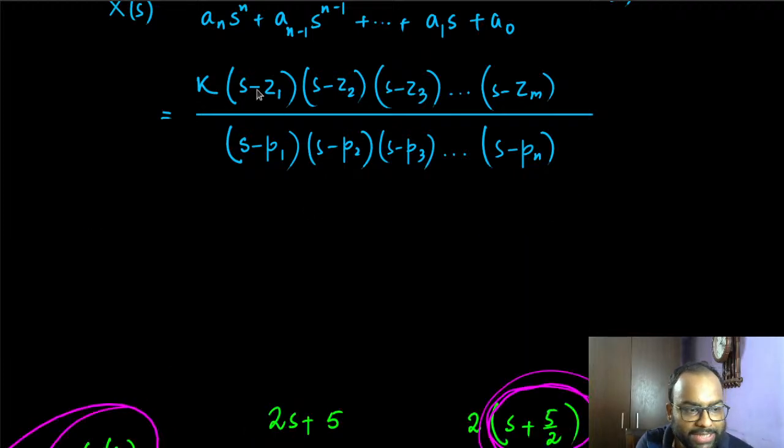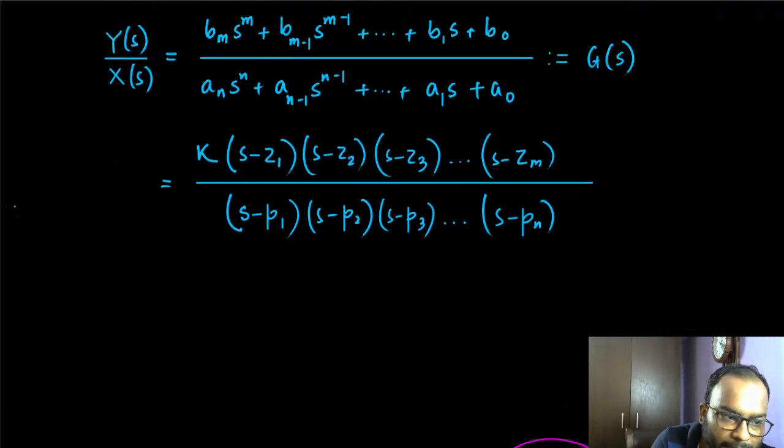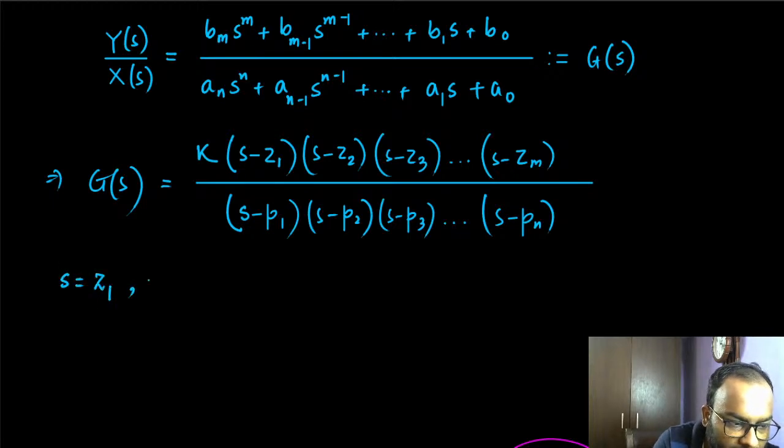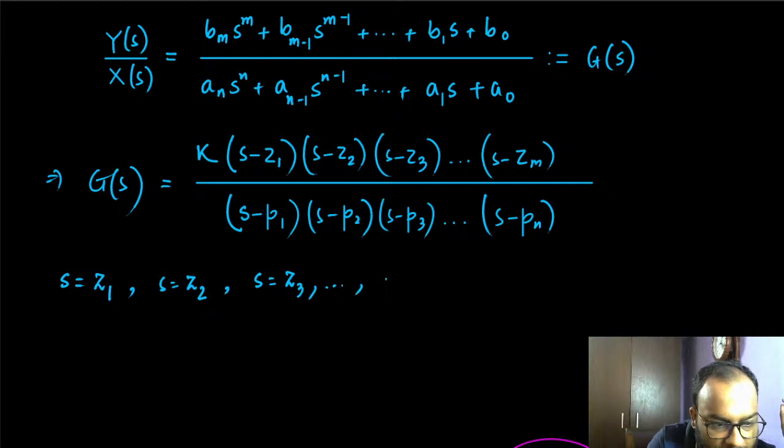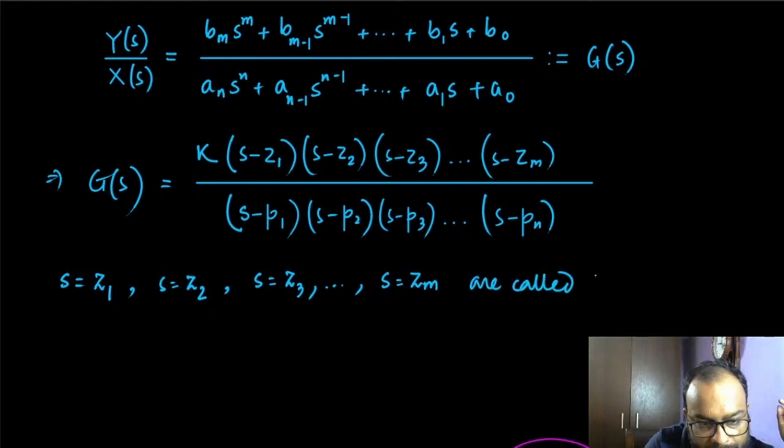Again, look at this. If I put s equal to z1, s equal to z2, s equal to z3, or anything up to zm, the transfer function G(s) becomes 0. So all these values, s equal to z1, z2, z3, and so on up to zm, are called the zeros of the transfer function.